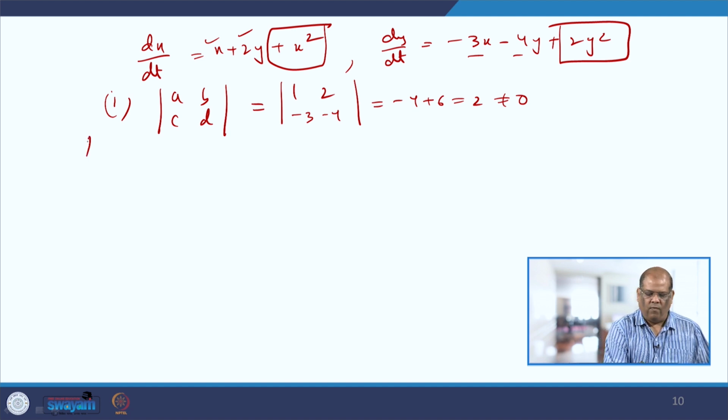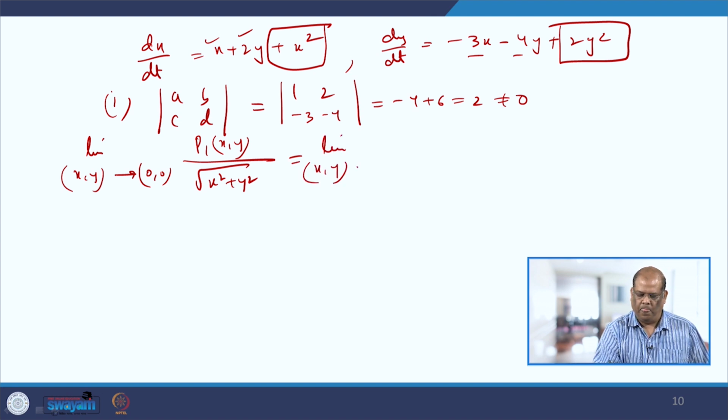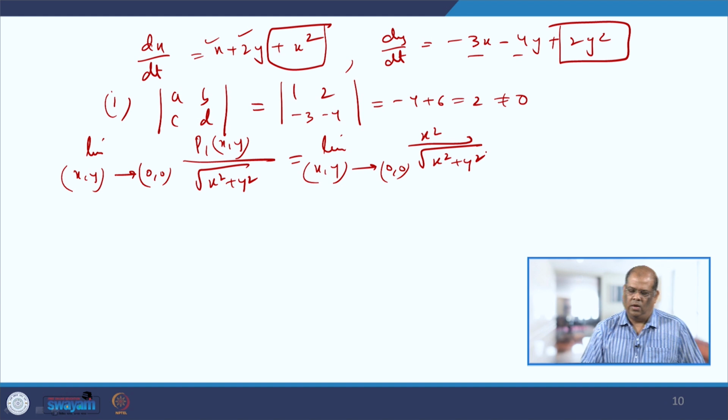And for the second one, I have to show that the limit of p1(x, y) divided by root of x² + y² is equal to 0. So this is my p1, which is x² by root of x² + y².